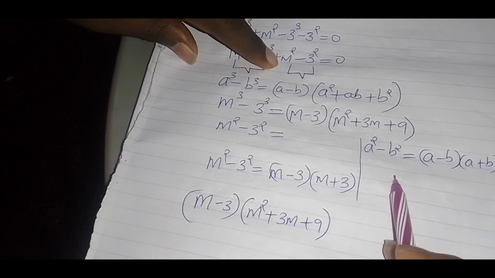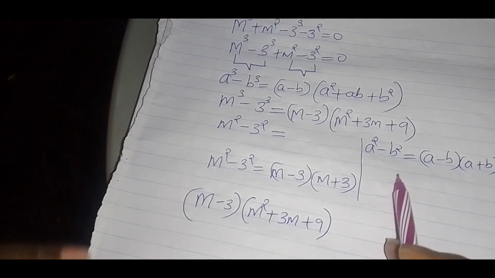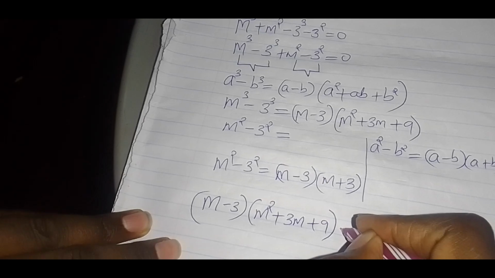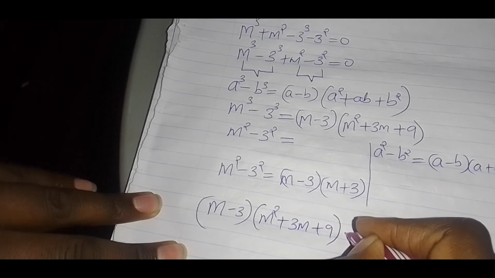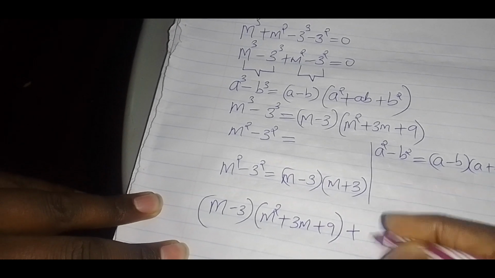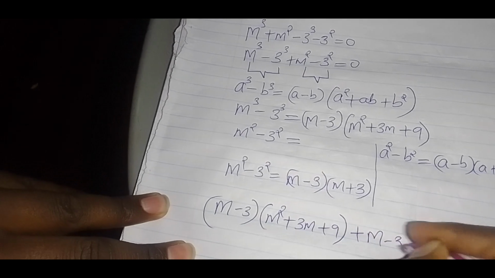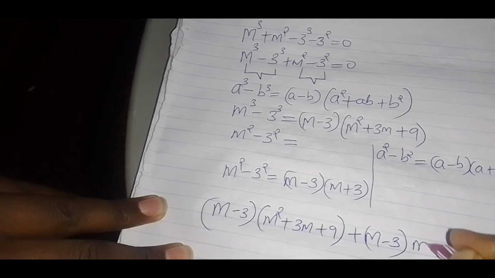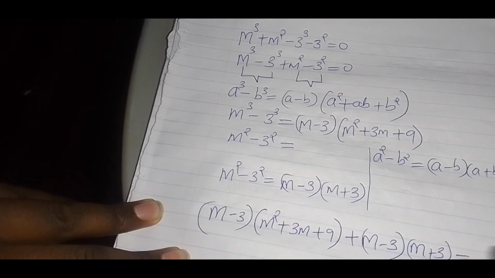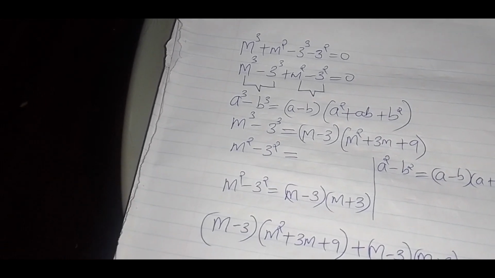Remember, we have the second part of the difference of two squares, so we add m minus 3 multiplied by m plus 3. This is going to give us 0.